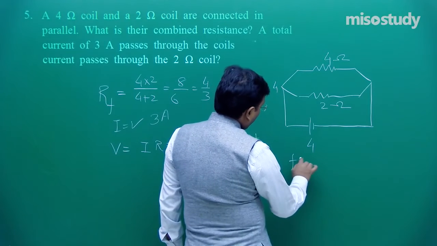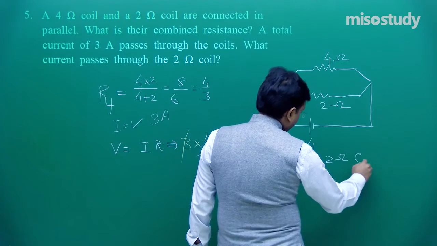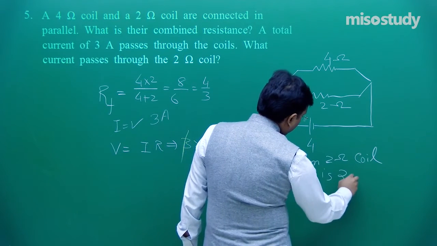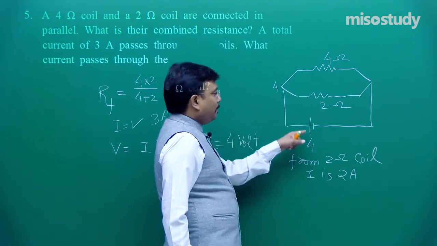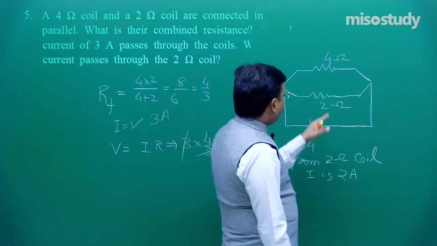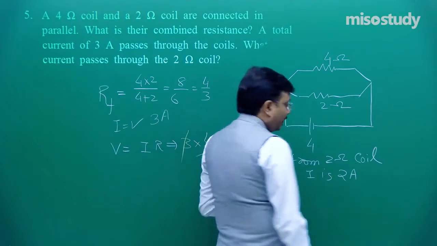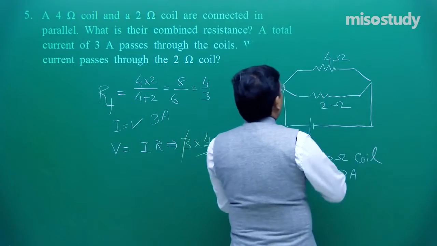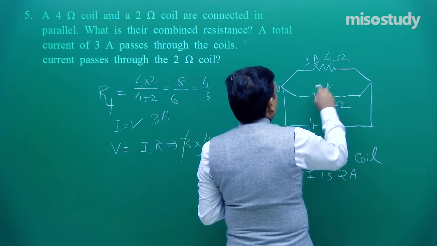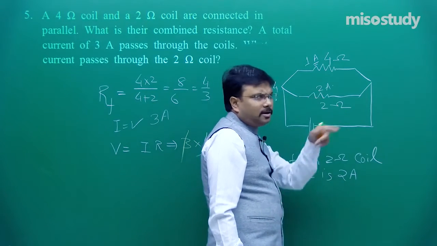From the 2 ohm coil, I is 2 ampere, simple. R given, V given, you can calculate I, and the remaining is going to pass through this coil. Sorry, 1 ampere is going to pass through this coil. The more the resistance, the less the current; the less the resistance, the more the current, simple.